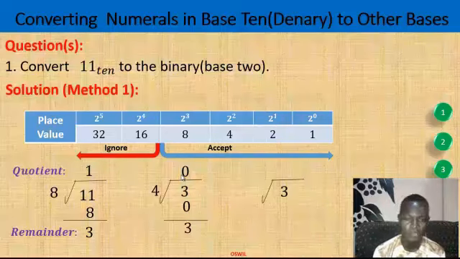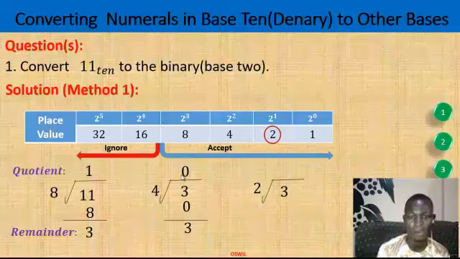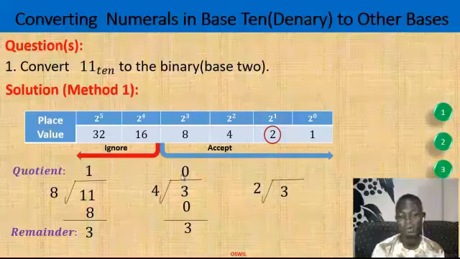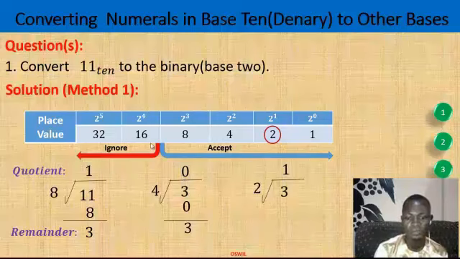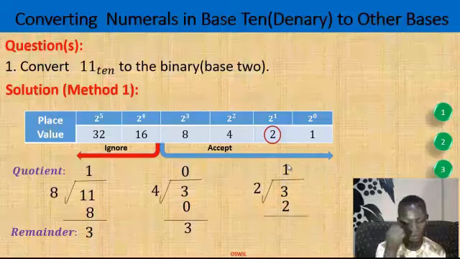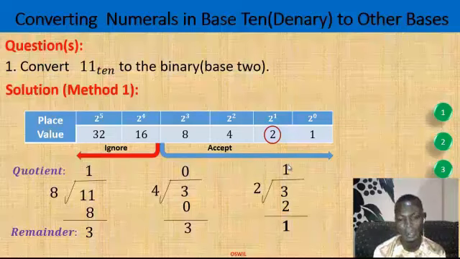Now, 2 goes into 3 once, which is written. Then 2 times 1 gives us 2. Then we subtract, and we get 1 as our answer.